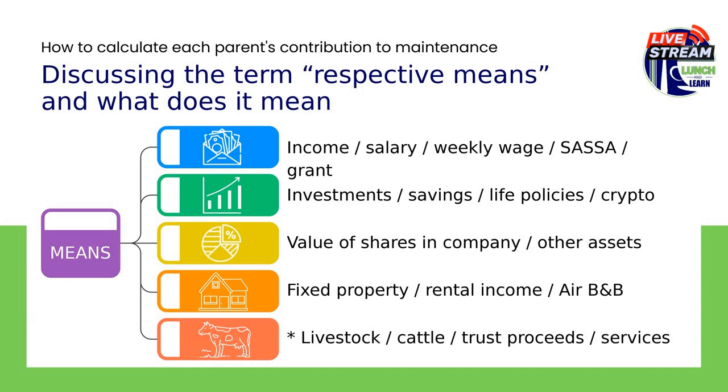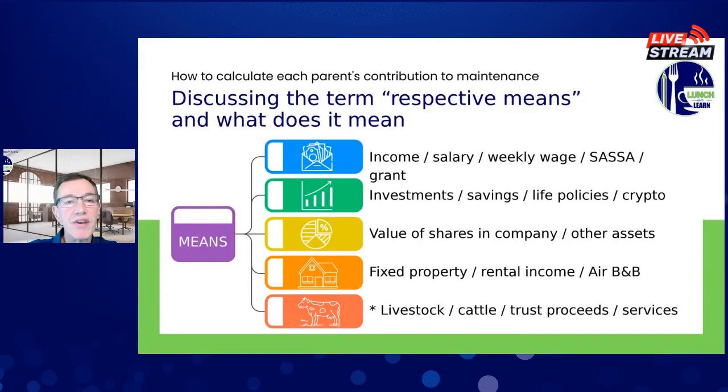Furthermore, the value of shares in a company is also considered to be part of their respective means. If he is a director of a company and he gets dividends, surely that also forms part of his financial asset base, and that would also fall under what is considered means. Rental income, yes, that is also very important.